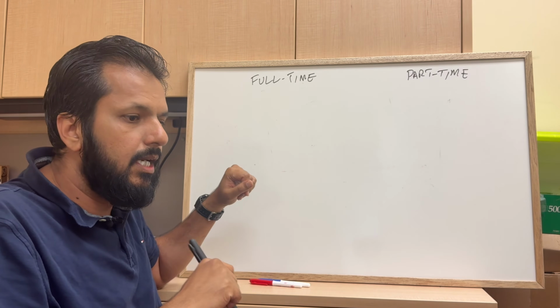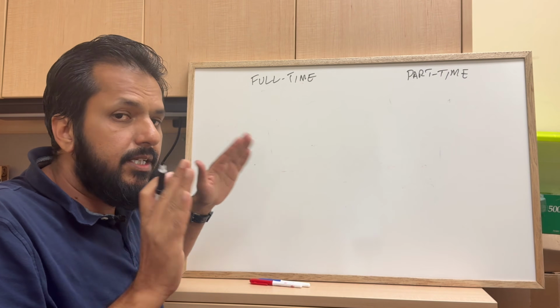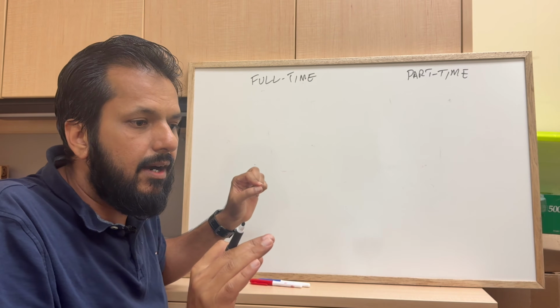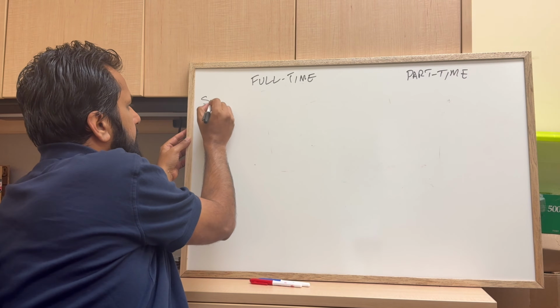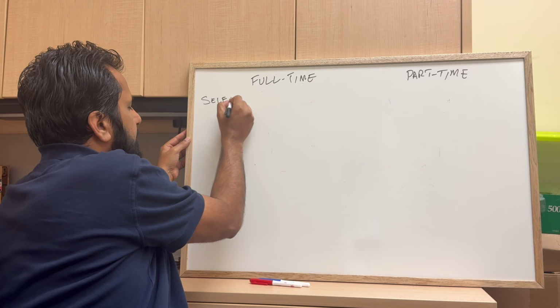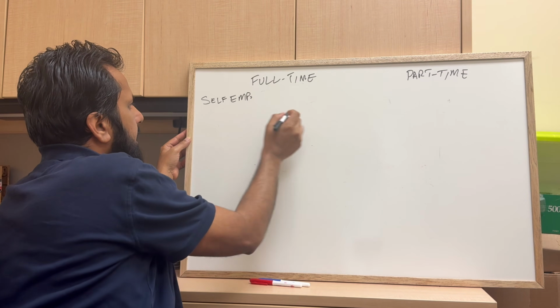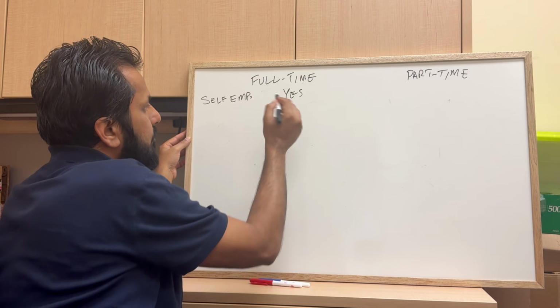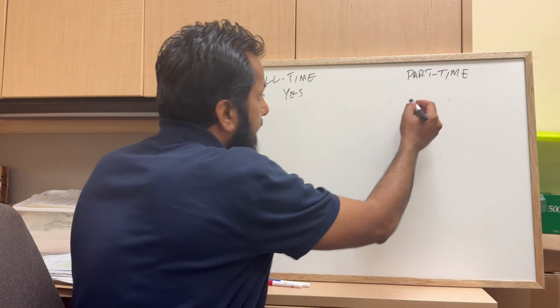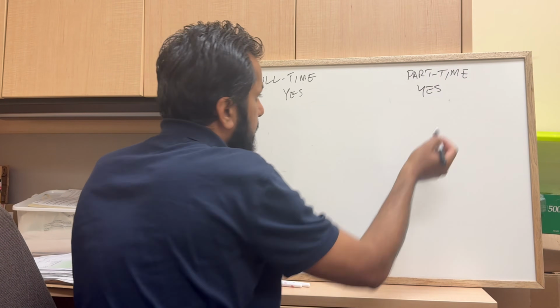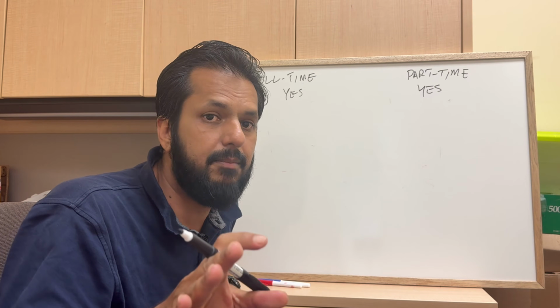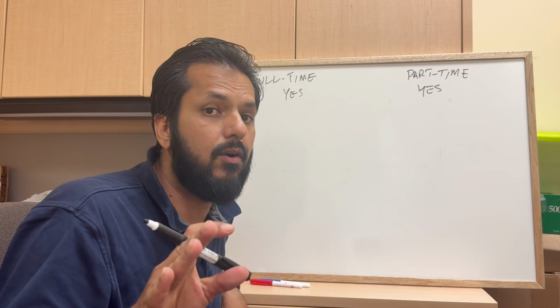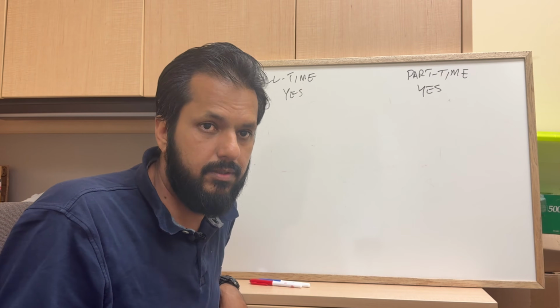Number one thing, since they are doing Uber, they are self-employed. Yes, the full-timer is self-employed and the part-timer is self-employed as well. First thing, keep that in mind. If you're a part-timer, you are also self-employed, okay?